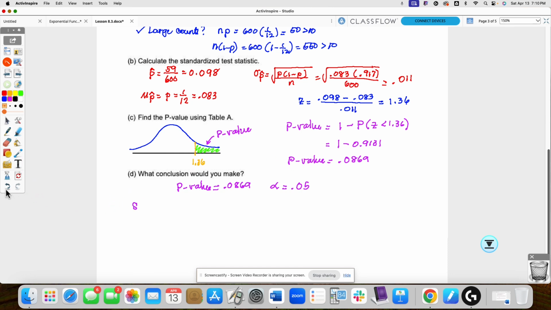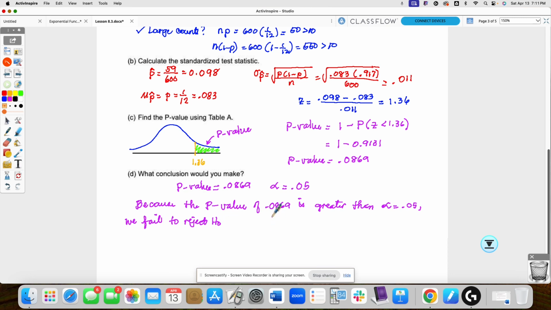So because the p-value of 0.0869 is greater than alpha equals 0.05, what is our conclusion? Then we fail to reject H0, and we say that we do not have convincing evidence for Ha.